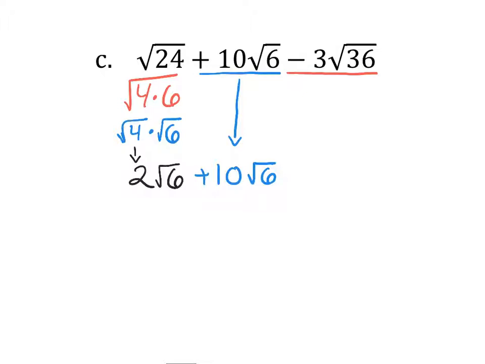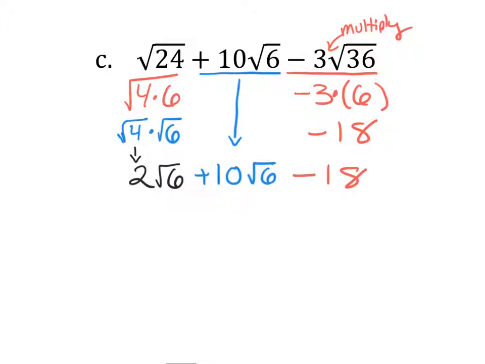Yes, square root of 36 can be evaluated. If you do square root of 36 in your calculator, you should get 6. This would be negative 3 times, remember, because multiplication is what's happening in between. So times 6, which gives us a negative 18, minus 18 down there.